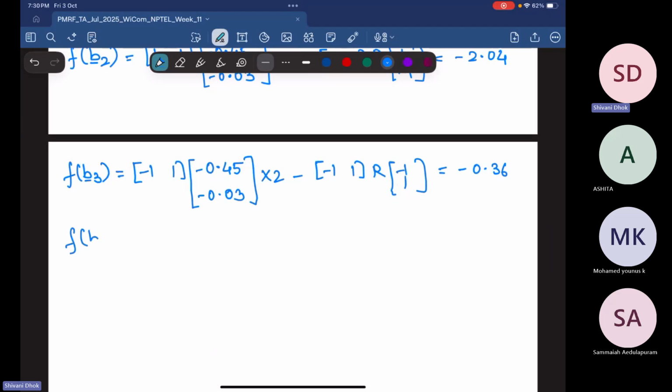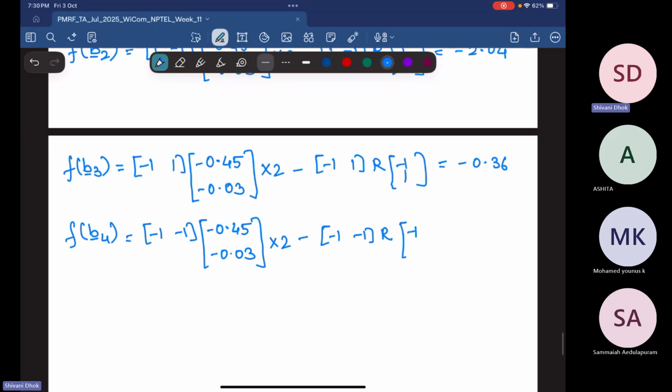And finally we have f of B4. This comes out to be equal to -1 -1 into -0.45, -0.03 into 2 minus -1 -1 R times -1 -1, and this comes out to be equal to -1.84.